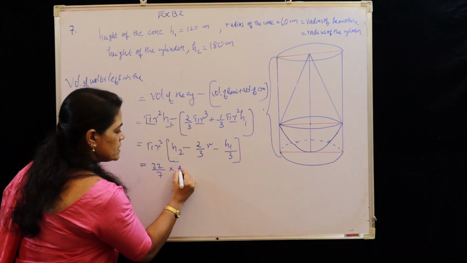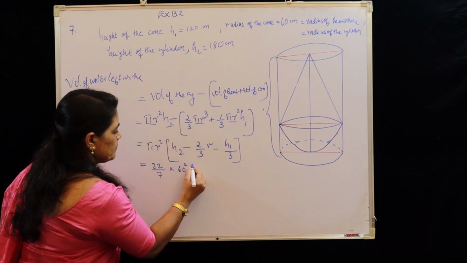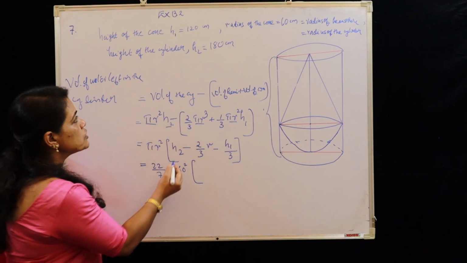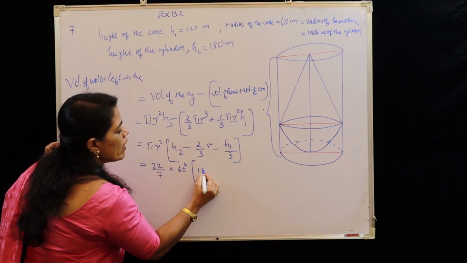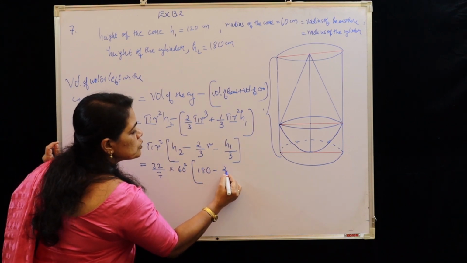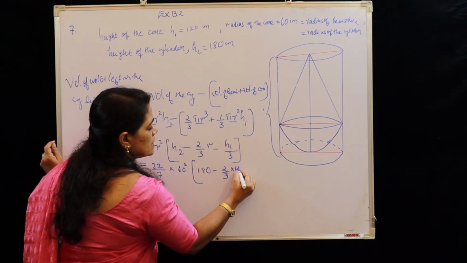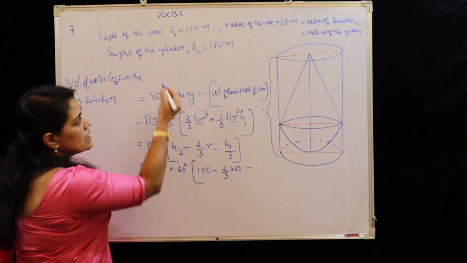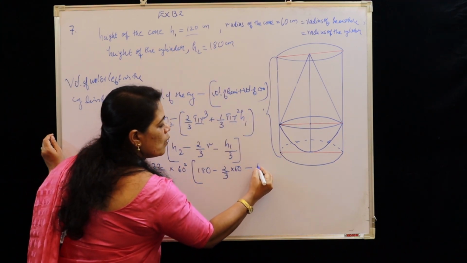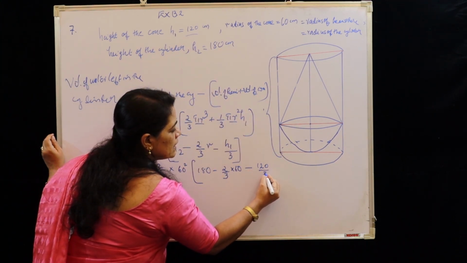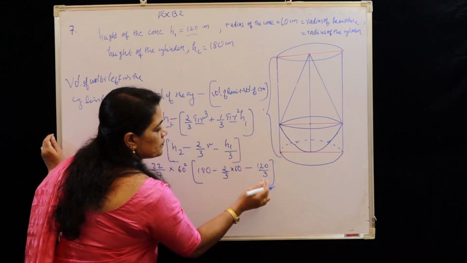That means 60 square into h2, the height of the cylinder, 180, minus 2 by 3, radius is 60 into 60, minus h1 is 120, the height of the cone, 120 by 3.